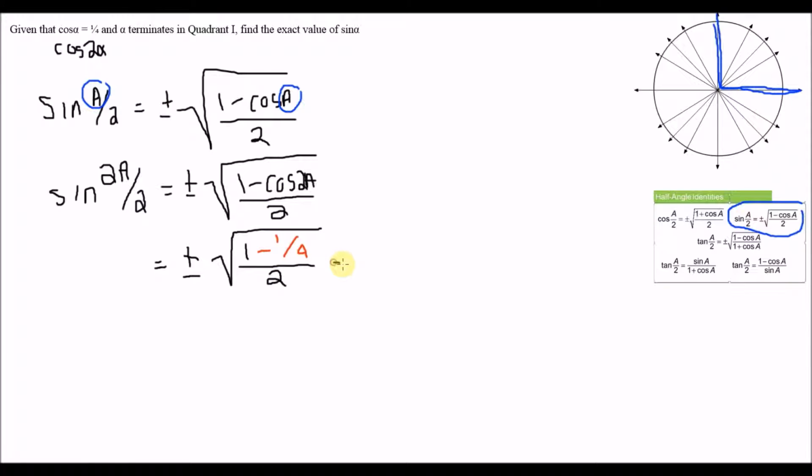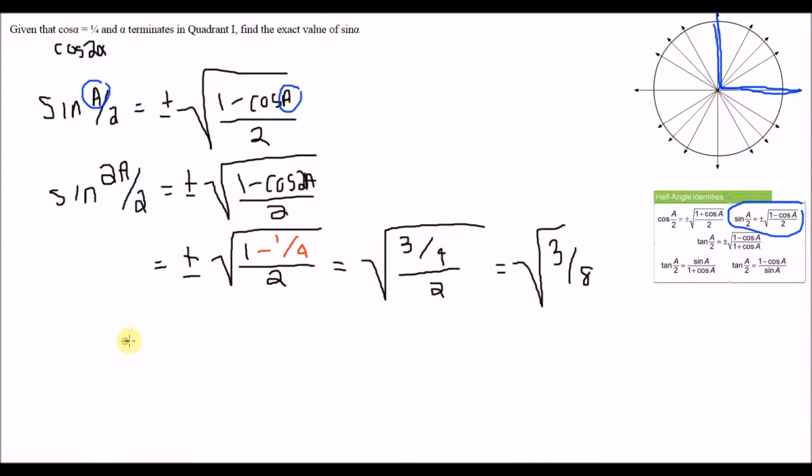And subtract 1/4 from 1, it's 3/4 over 2. First let's simplify that a little more. And that would just be 3 over 8.